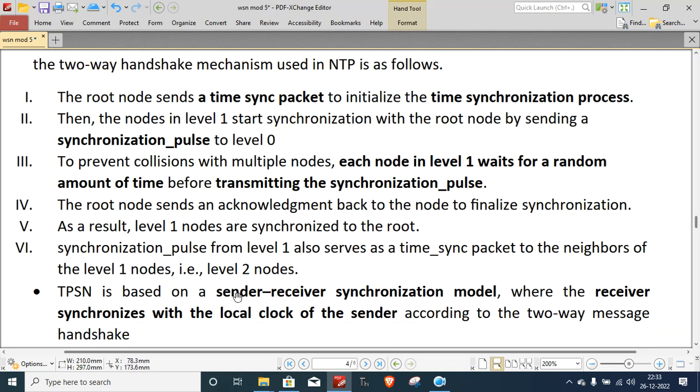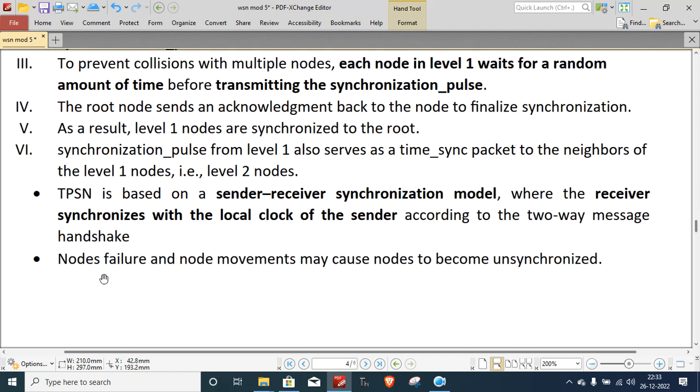TPSN is based on the sender-receiver synchronization model, where the receiver synchronizes with the local clock of the sender. With the two-way message handshake, node failures and node movements may cause nodes to become unsynchronized.